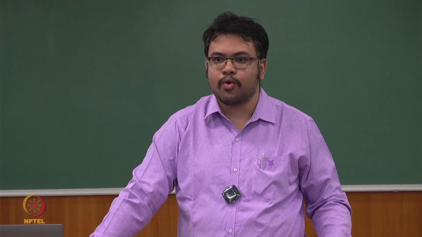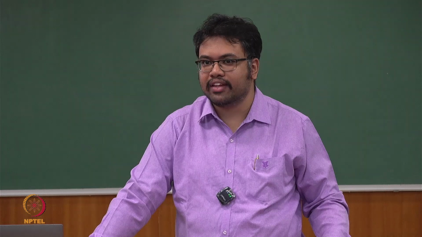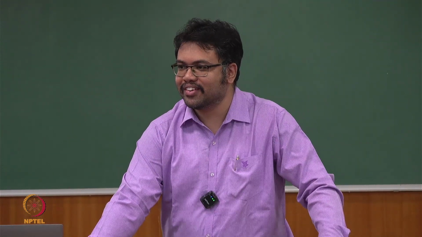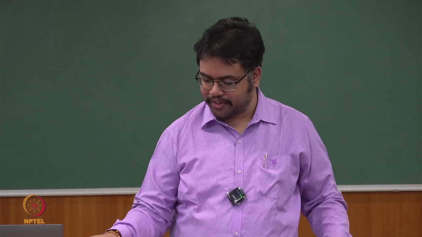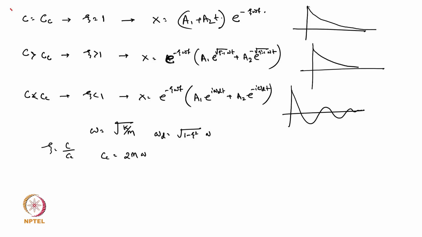Now again the question comes, how should we calculate the values of A1 and A2 as in the last case? How should we do that? Initial conditions, very simple. So maybe we can try for the first case. Let's assume C equal to Cc, and we will try to calculate A1 and A2.